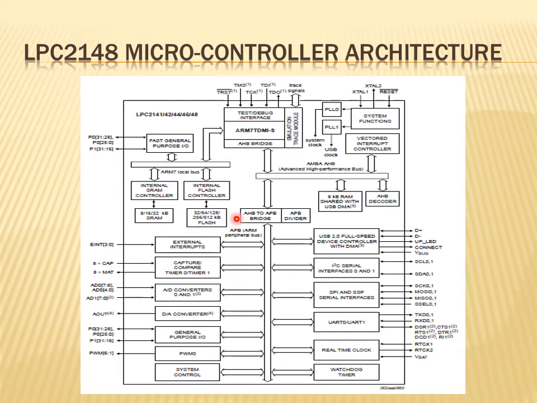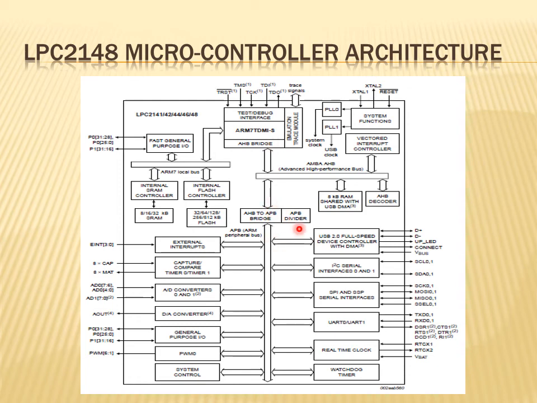The entire upper section works at a high frequency, because the processor works at a higher frequency than the peripherals. Normally the peripherals work at a lower frequency compared to the CPU.